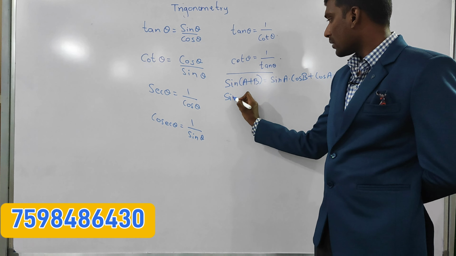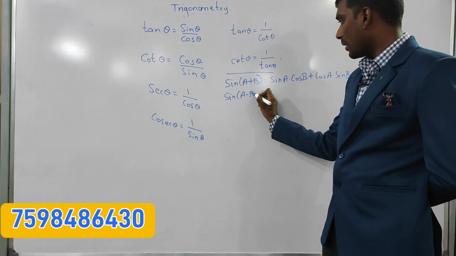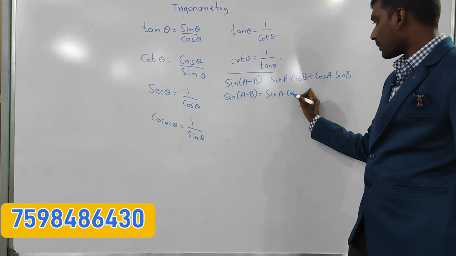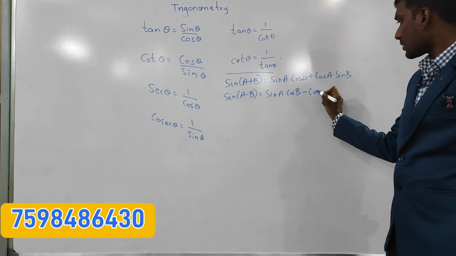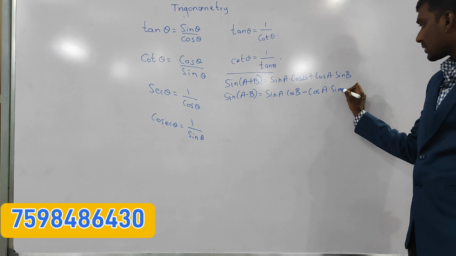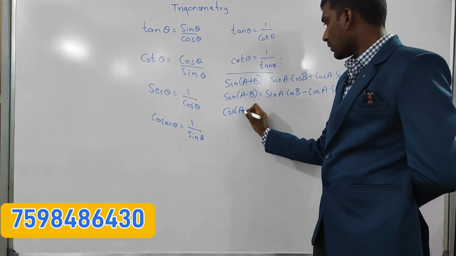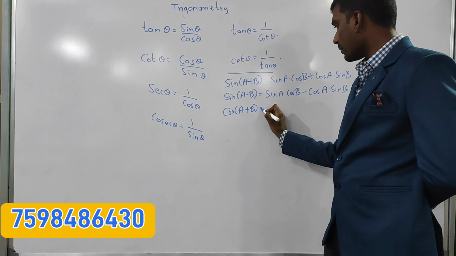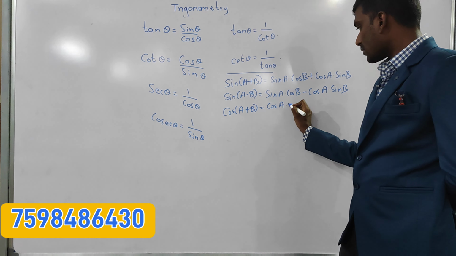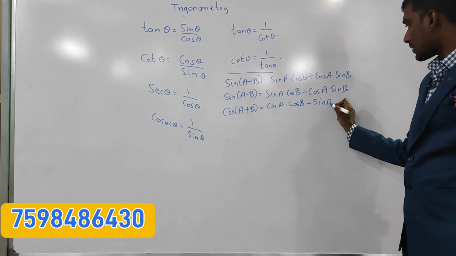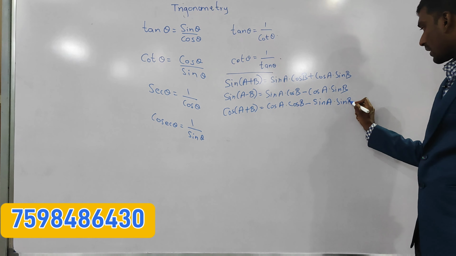Next you have sine of a minus b is equal to sine a cos b minus cos a sine b. Next you have cos of a plus b. Be careful here, people, they do mistake here. This is cos a cos b minus sine a into sine b.